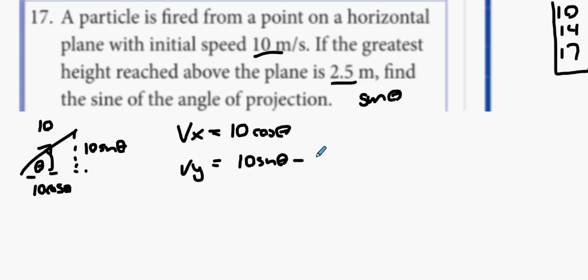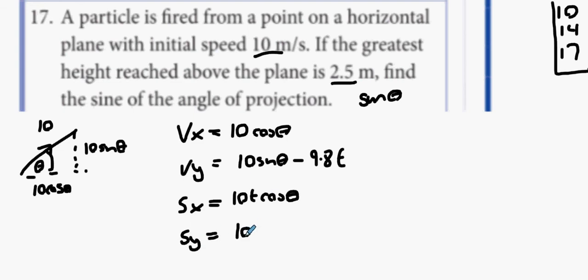Might as well do minus 9.8t. Sx is 10t cos theta. Sy is 10t sine theta, and half the second one, minus 4.9 t squared. Alrighty. How do we do this?